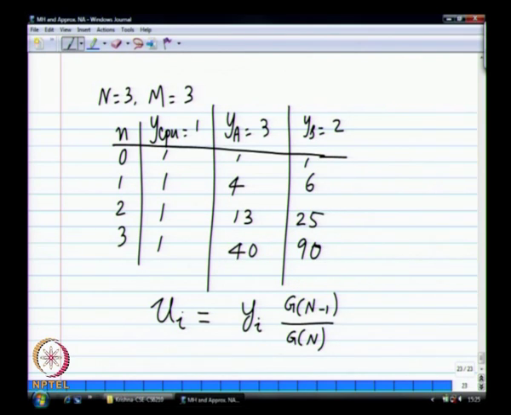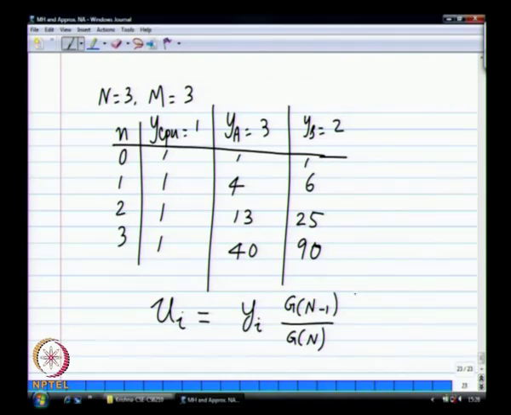we can derive this from one known expression. So for example, if I am looking at the CPU, the utilization of the CPU is how much? Yi is 1, and G of n minus 1 is 25, so 25 by 90.